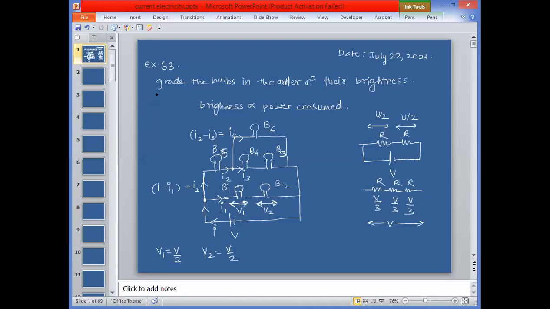All bulbs have equal rating, which means equal resistance.